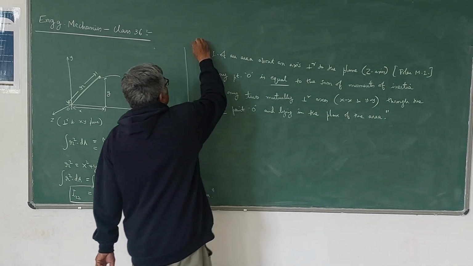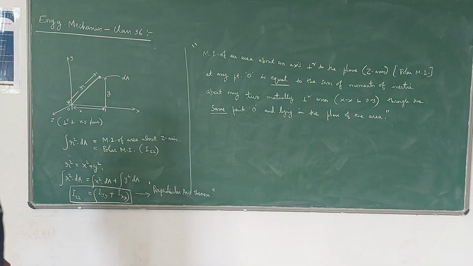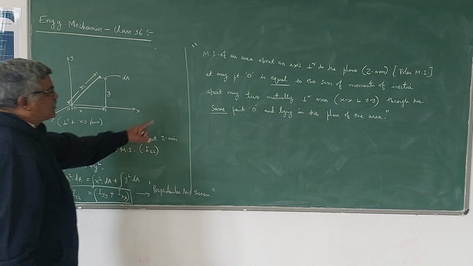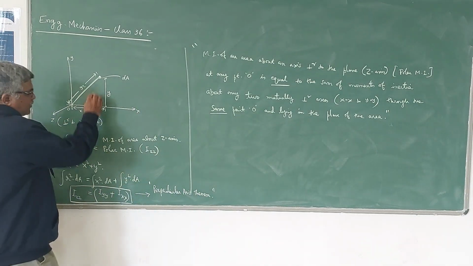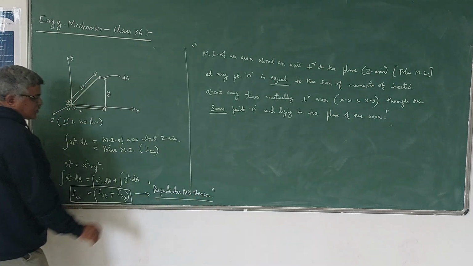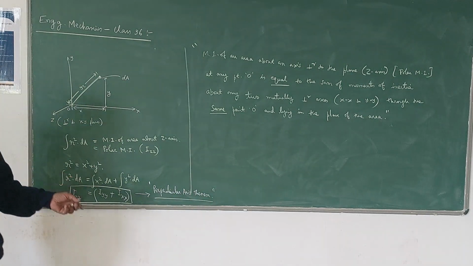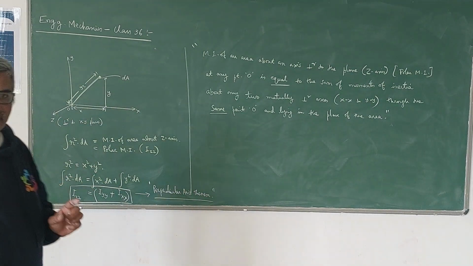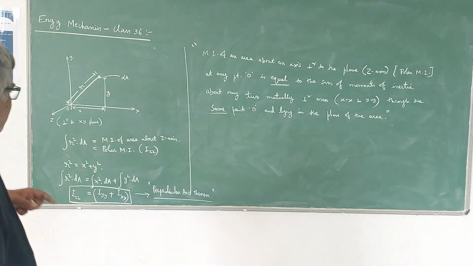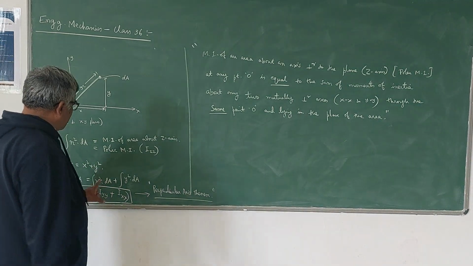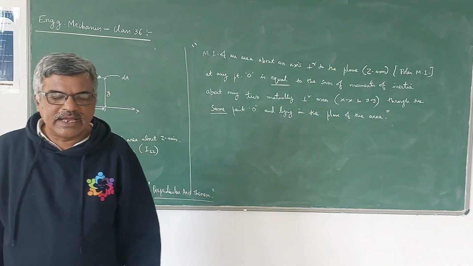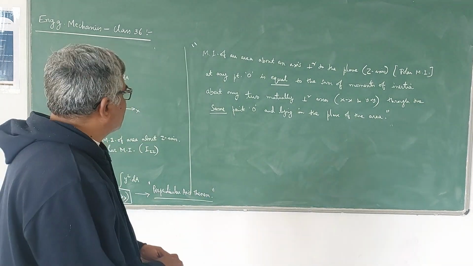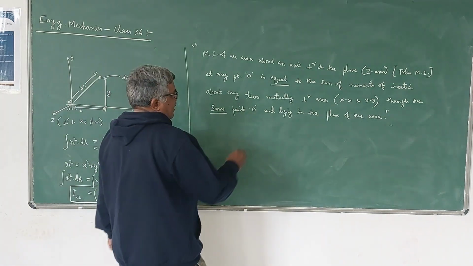So state and prove perpendicular axis theorem, if they ask. So this is the statement and this is the proof. Proof is very simple. You have to draw this diagram and substitute for r square as x square plus y square. Integrate both sides with respect to dA. So by the definition of moment of inertia, you will get the answer. So Izz is equal to Ixx plus Iyy, that is the perpendicular axis theorem.